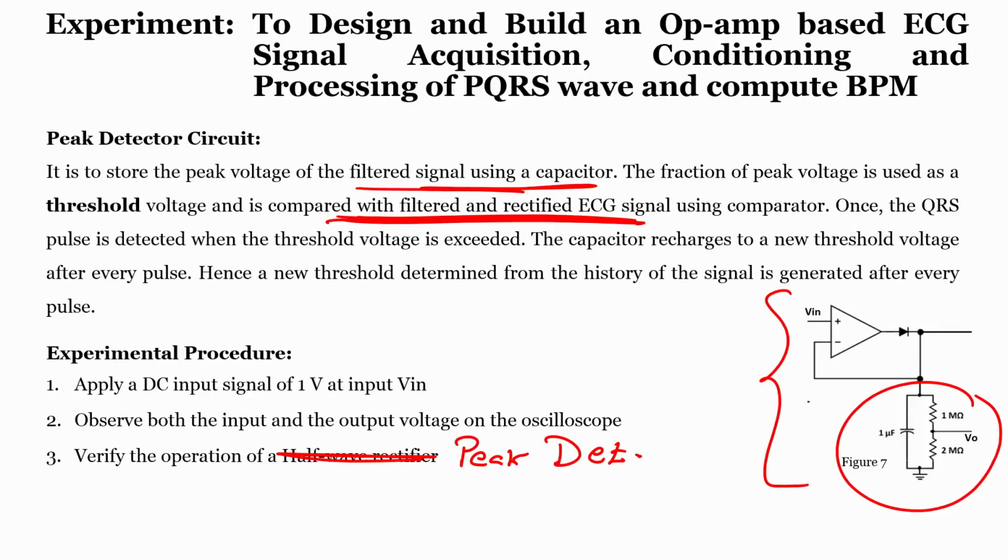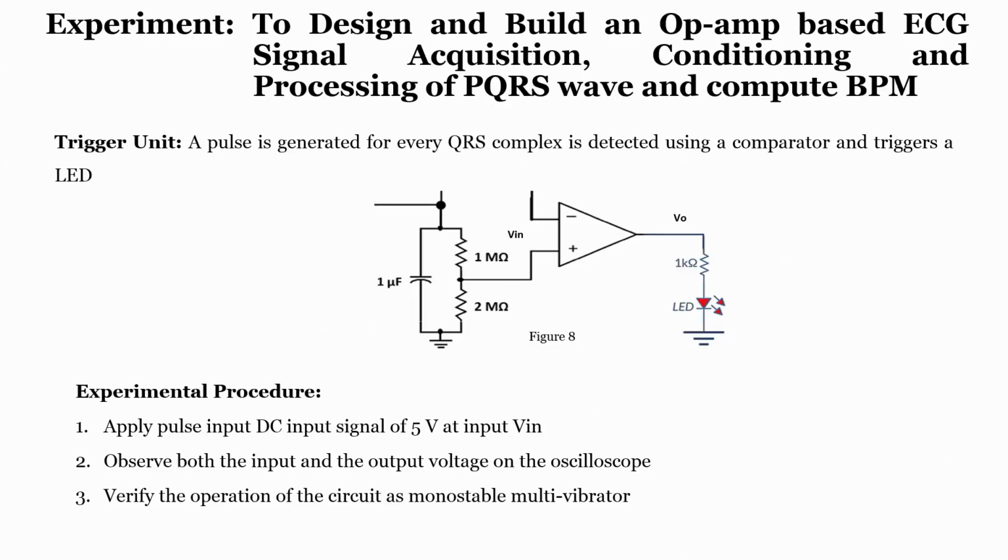Now, what will we do next? The next is the trigger unit. In the trigger unit, a pulse is generated for every QRS complex and is detected using a comparator and triggers an LED, which you can see right over here.